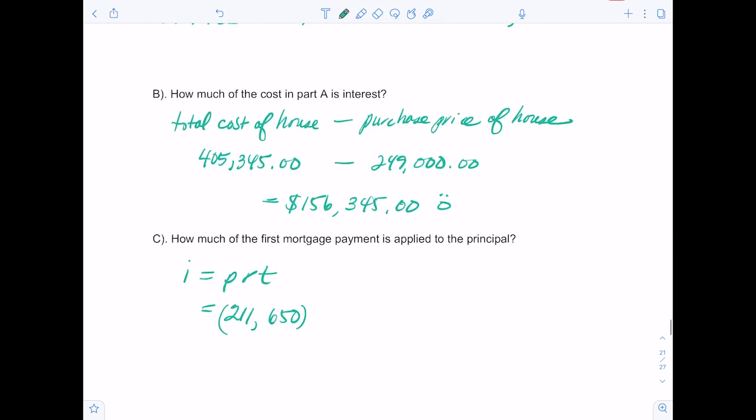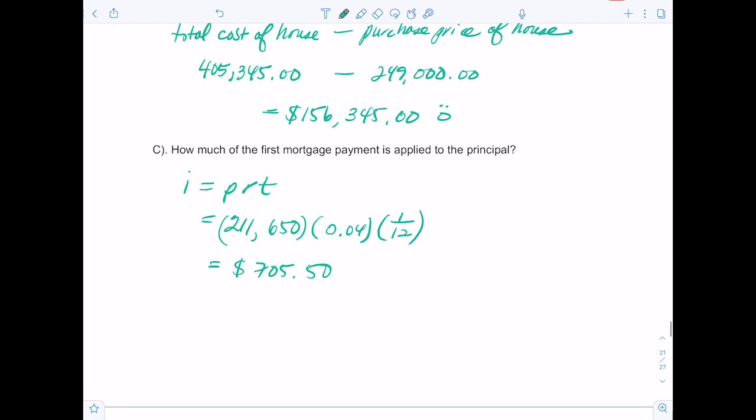And then we're going to multiply that by the rate. And the rate was 4%. So as a decimal, 0.04. And it's just 1 month out of 12, because we're just looking for how much of the first mortgage payment will be applied to the principal. And when you multiply all this out, you get $705.50. Okay, so that's the interest.